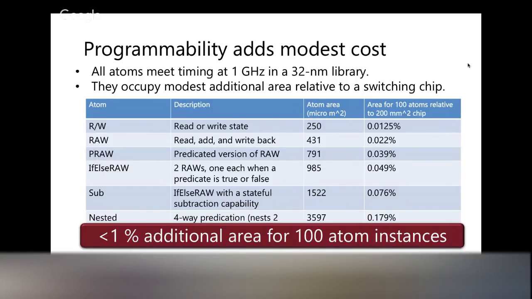So what about the wires area for connecting these atoms? Yeah, so we have a slightly more nuanced analysis that includes the cost of the muxes that take outputs coming from one stage and going to the next stage. That adds another percent or so.